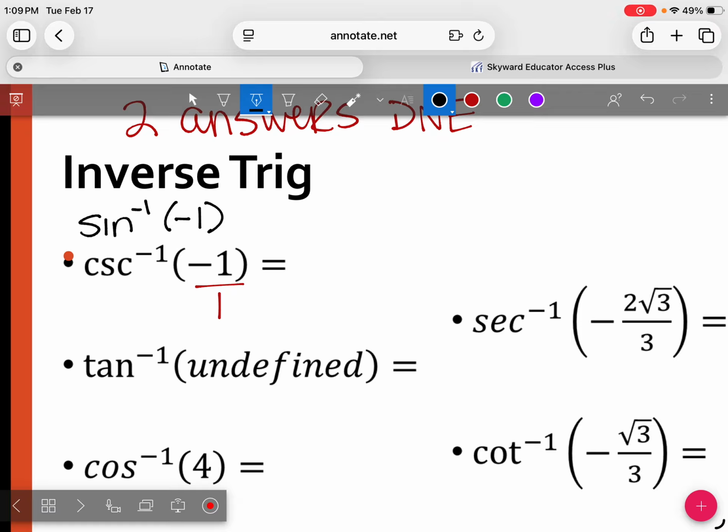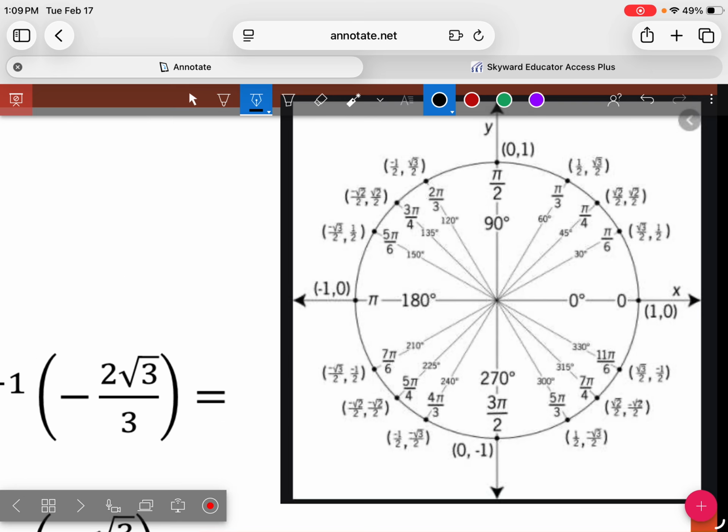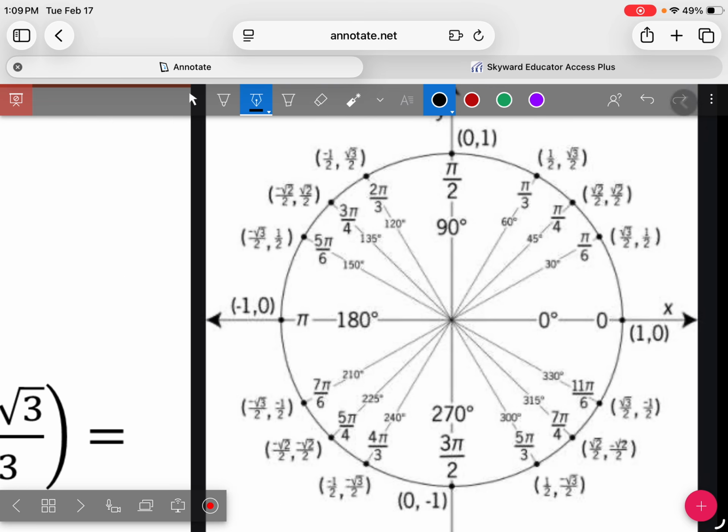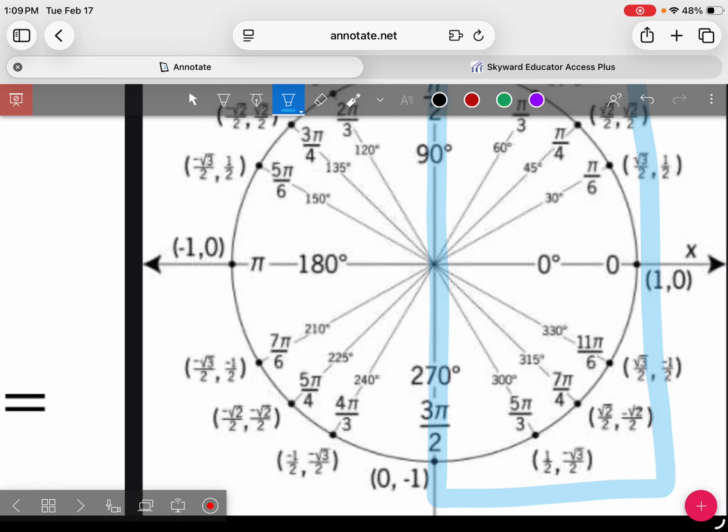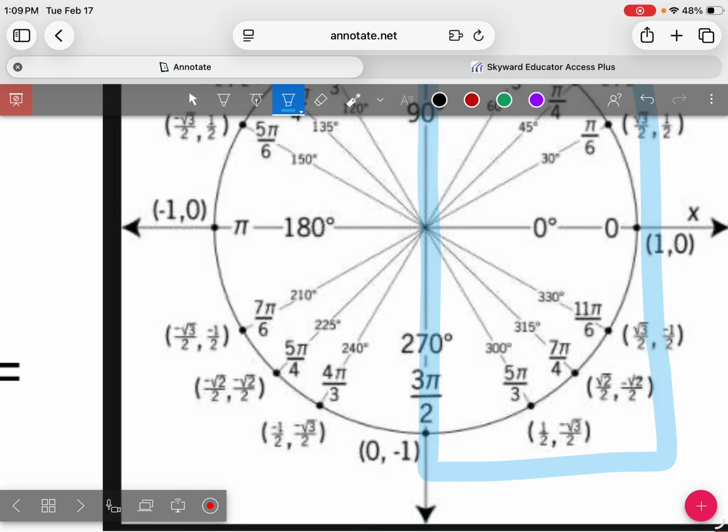So what angle has a sine value of -1? Remember, we're looking in quadrants 1 and 4. So we're looking here. Where is sine -1? What did you say, Kamaya? -π/2.